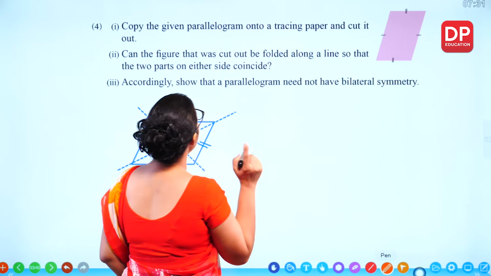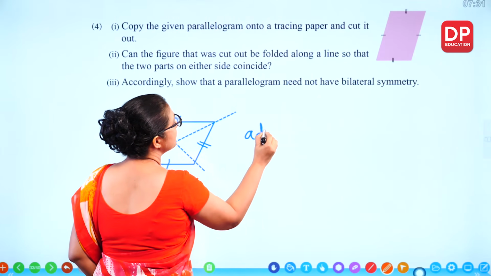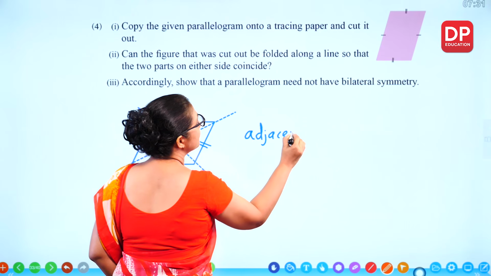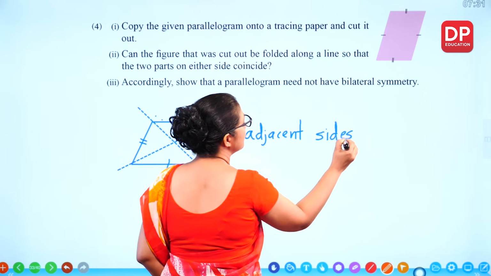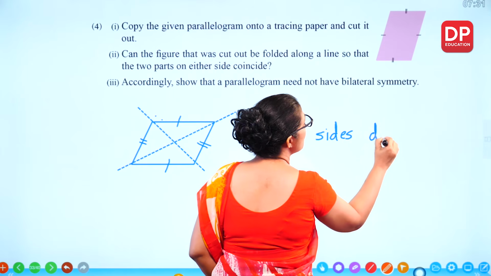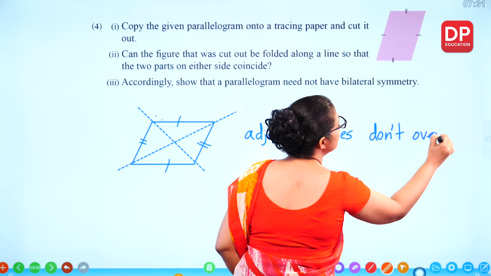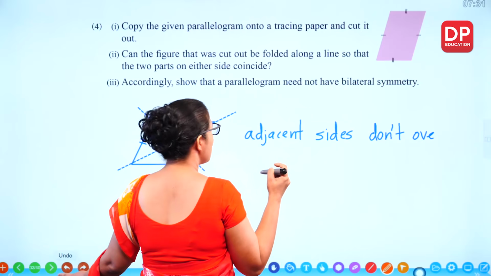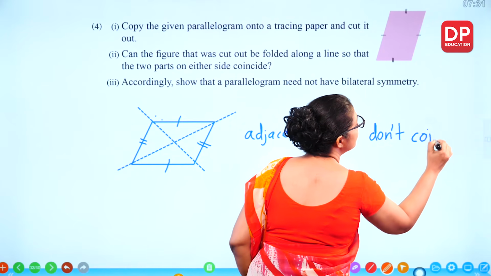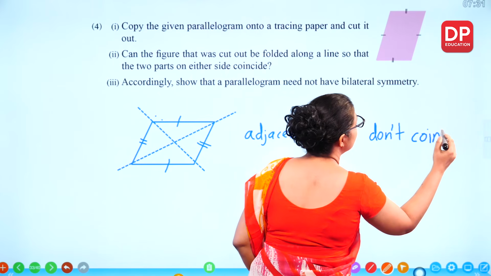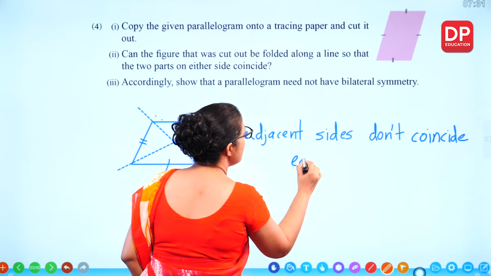So you can write adjacent sides don't overlap, don't coincide. We can use the word coincide. Each other.